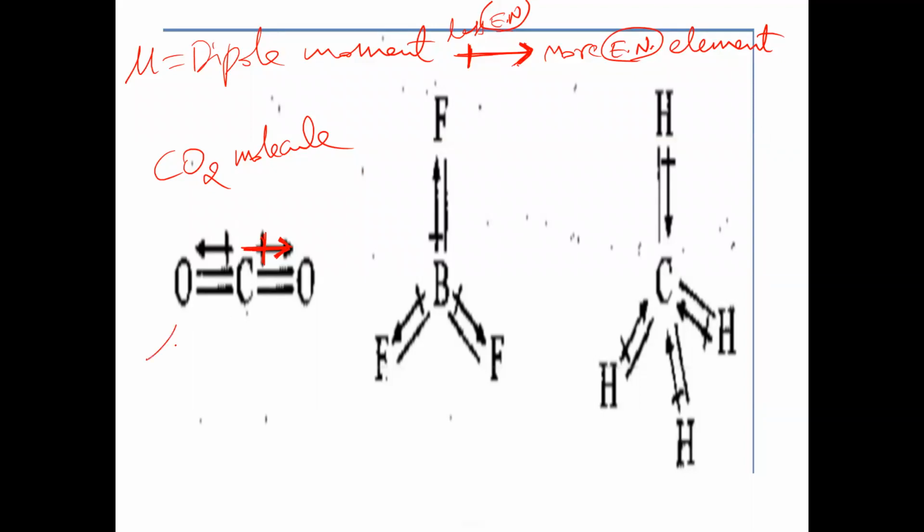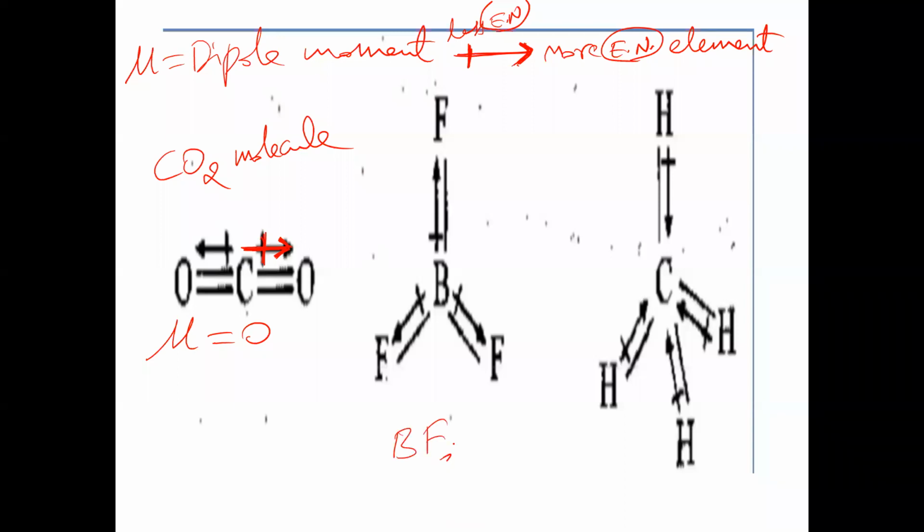So mu is equal to 0, which means the dipole moment of the CO2 molecule is 0. When the dipole moment is 0, the bond moment of one bond cancels the effect of the bond moment of the other. So that is CO2. Next, another example.